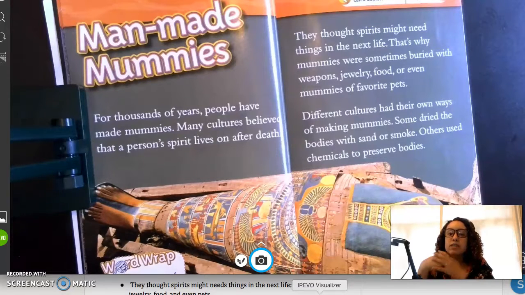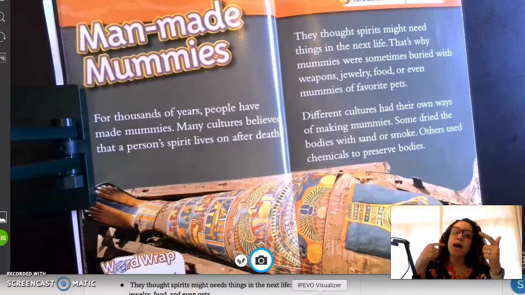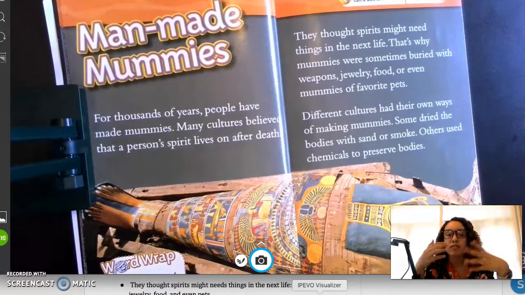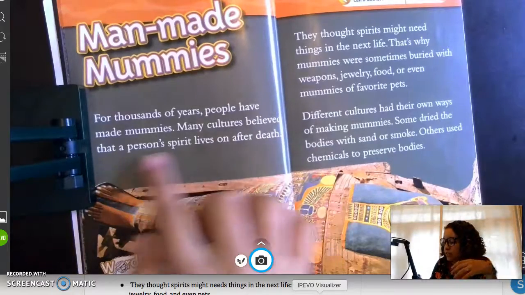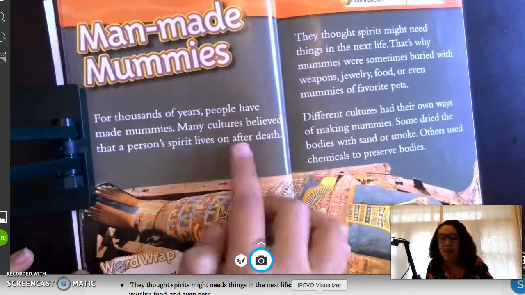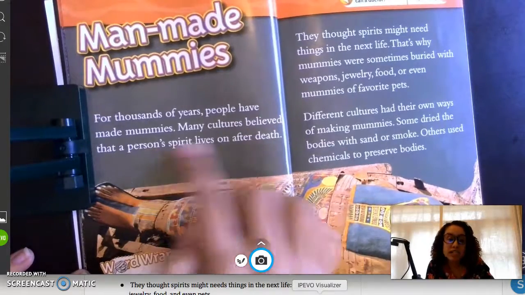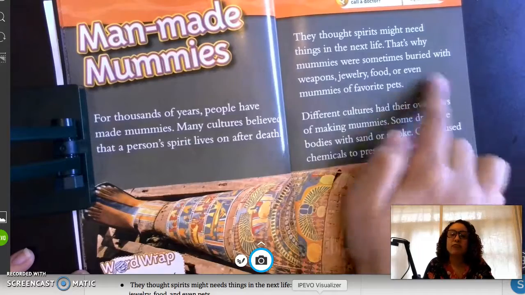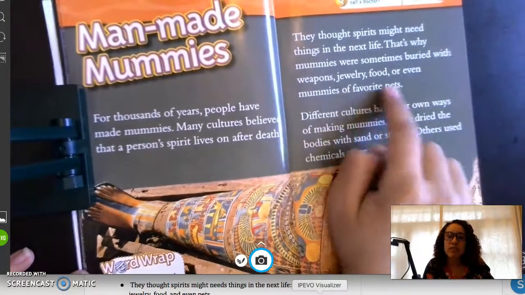So right now when I'm reading this, I am thinking about all of the different ways they would preserve bodies and what would come along with the bodies for the next life. And if we go back to this really important sentence, many cultures believe that a person's spirit lives on after death. Because of the spirit living on, they are sending different objects with them, their favorite pets.